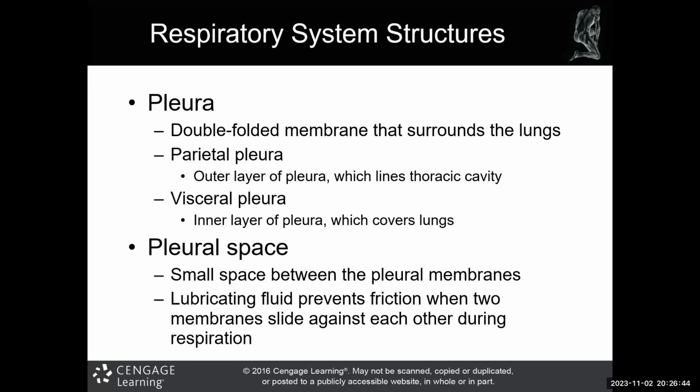The pleural space is the space between the two membranes, which does have lubrication, because as we breathe in and out, these two membranes are rubbing against each other. Just as the lining of the heart does too.